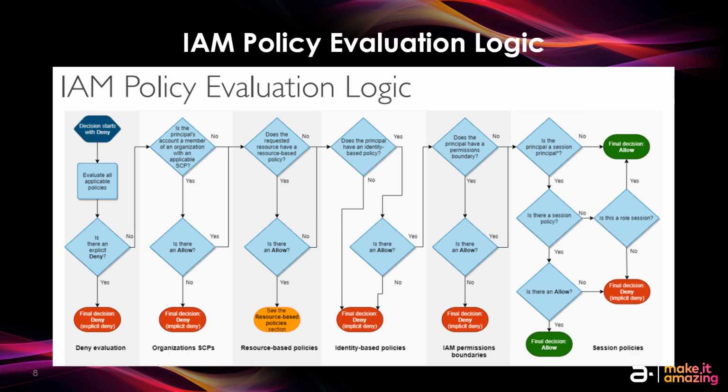Anytime there is an explicit deny or not allowed for a user, then they are not allowed for those particular services. So in this flow, if you see from left to right, whenever you have a decision to be taken and that decision starts with deny, that your particular user, this user ID is not allowed, then that particular user cannot access that resource and some other user has to be used, or it has to be given the permission.